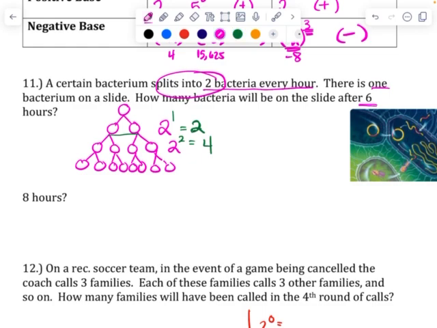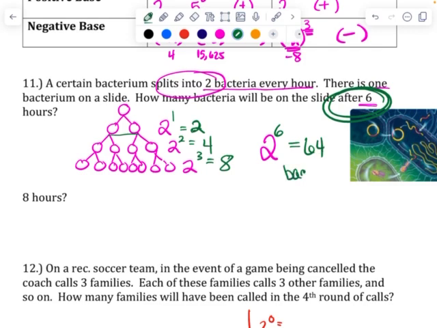The third hour, 2 to the 3rd equals 8. Well, how many bacteria will be on the slide after 6 hours? Well, let's say 2 to the 6th. And 2 to the 6th, if you plug that in your calculator, will be 64 bacterium.